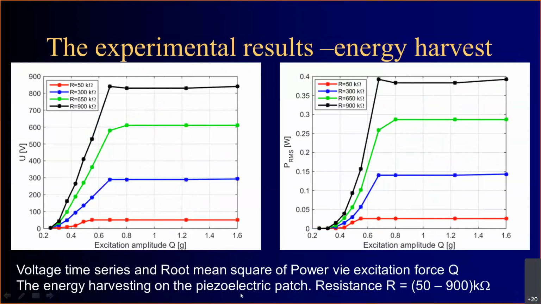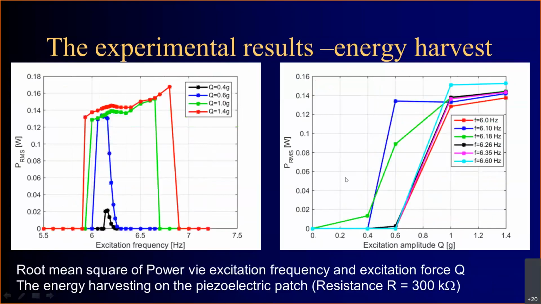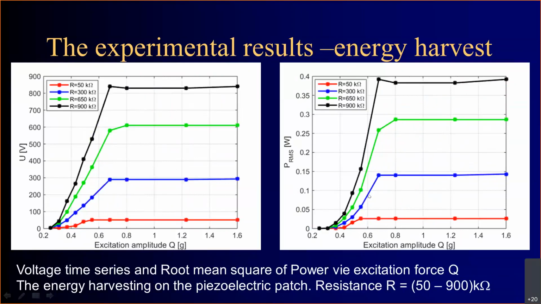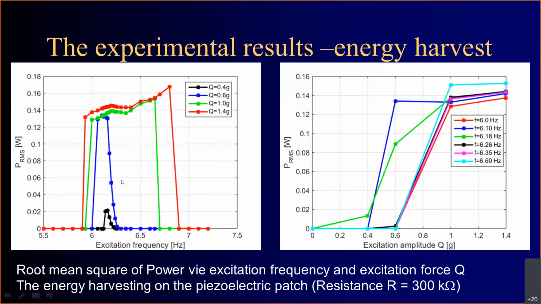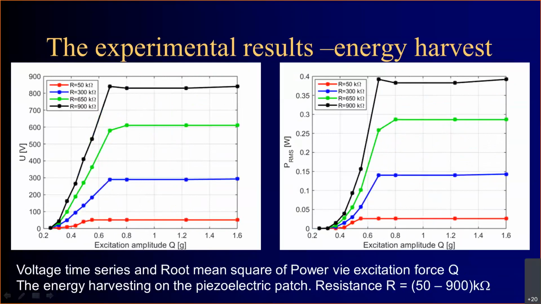The energy harvesting was analyzed for different resistances from 50 to 900 kilohms. There are some nonlinearities, but we use only this one green value, which corresponds to 300 kilohms for the previous results. I expect for different resistances we receive similar effects on the output power.